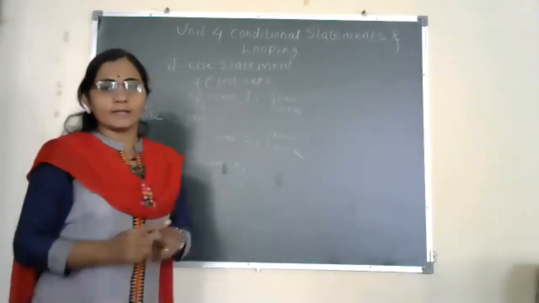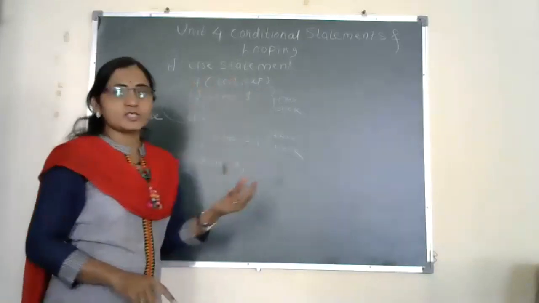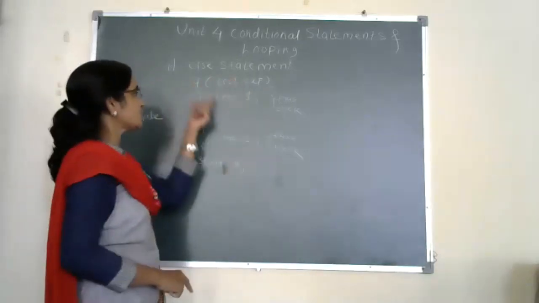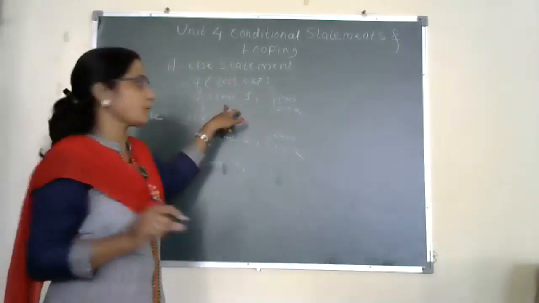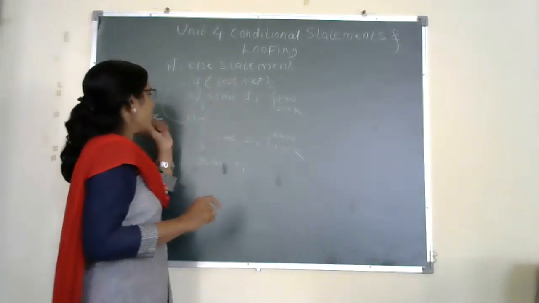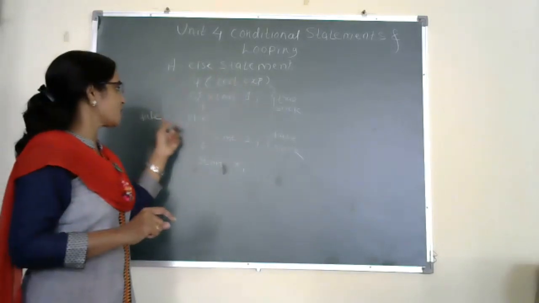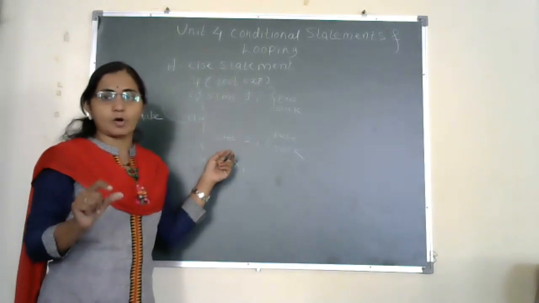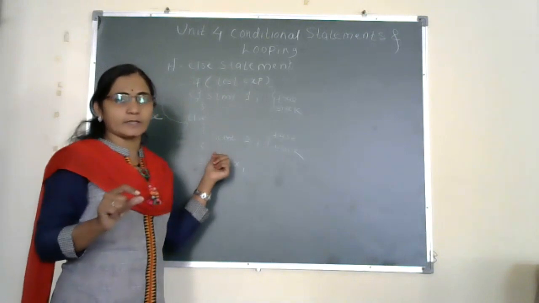It means you have two alternatives: the condition is true, or the condition is false. If the condition is true, then the true block, or the statement one block, will be evaluated. And if the condition becomes false, then control directly jumps to the else part, because this is the false block, and the statement 2 block will be evaluated.